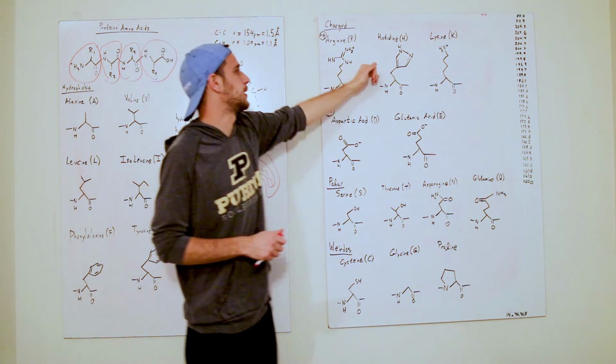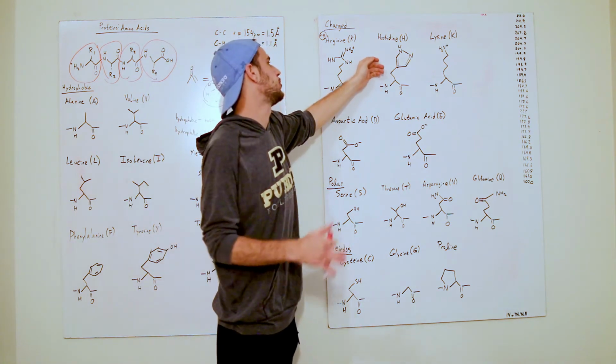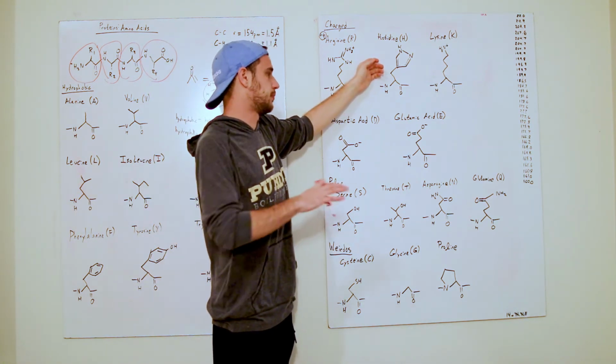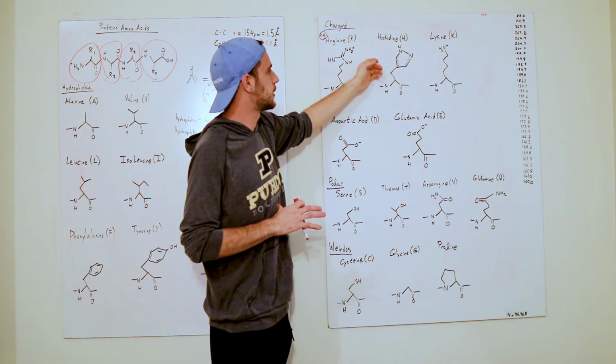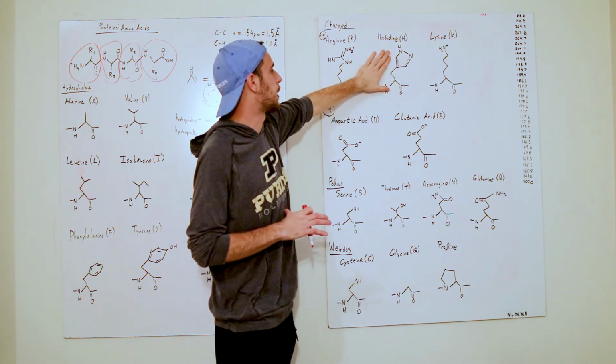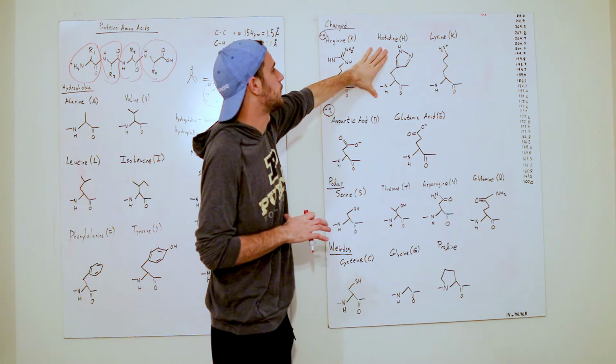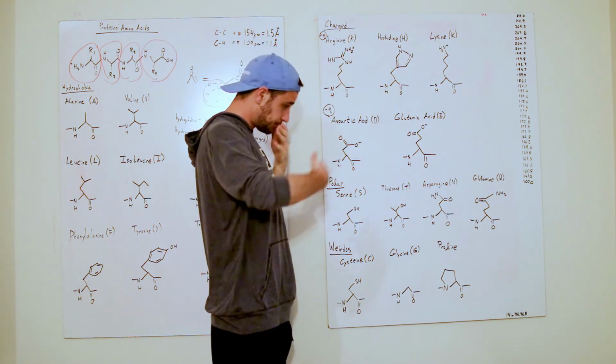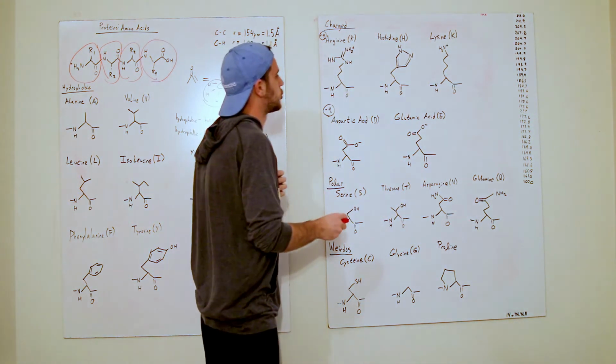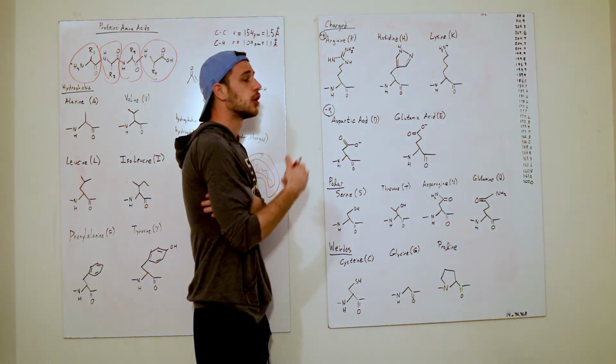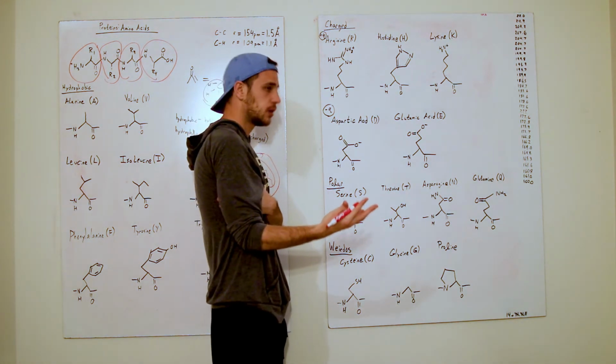So then we go to histidine. This one's not as commonly used for reactions in catalysis, but histidine also has the possibility of positive charge, which is shared by the nitrogens up there. So it's important.